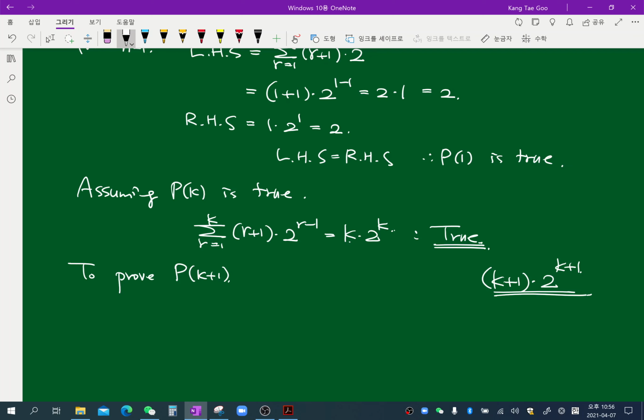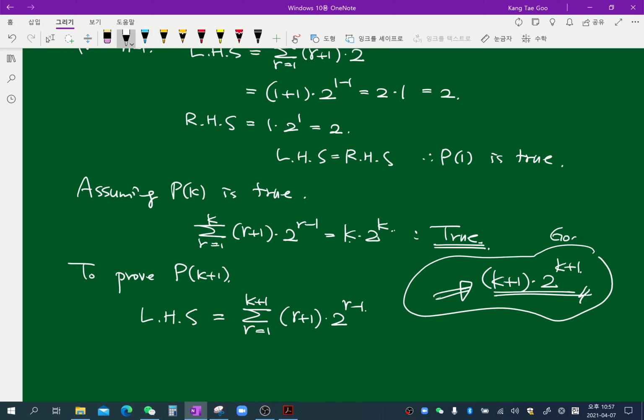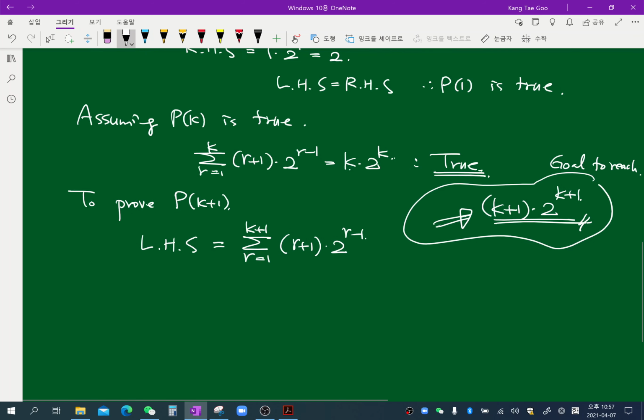That's why we start from the left hand side and simplify and simplify it to reach there. The left hand side of Pk plus 1 is, instead of k, instead of n, we should put k plus 1 here, and then (r plus 1) times 2 to the power of (r minus 1). After that, we calculate a lot to reach there. That's the goal to reach.